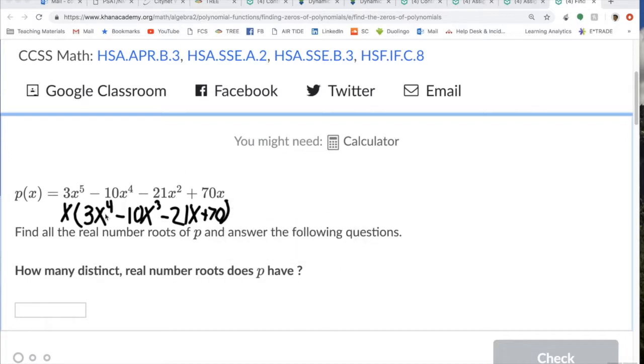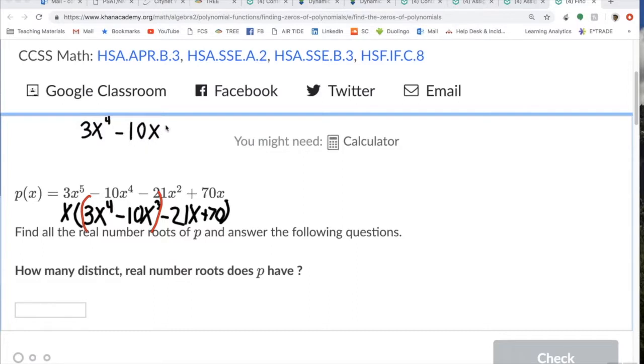So I'm going to take these right here, the 3x to the 4th power and the 10x to the 3rd power, and I'm going to take that as a grouping. All right, and then let's do that over here, where I have 3x to the 4th power and I have minus 10x to the 3rd power.